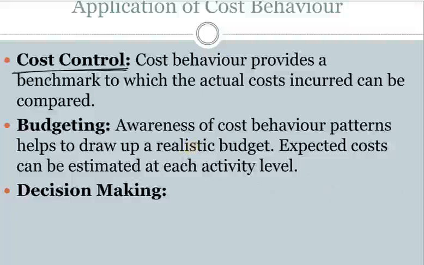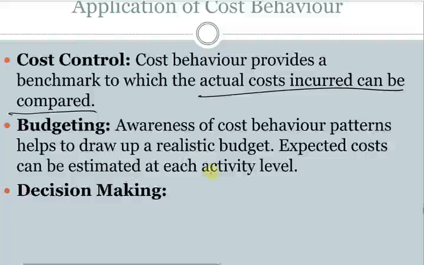So the knowledge of cost behavior will give us a benchmark to which actual cost incurred can be compared with budgeted. So cost behavior will actually help us in comparison between actual and budgeted. The other thing is cost behavior can be used in budgeting. Because we know the behavior of cost. We know that variable costs change with level of activity.